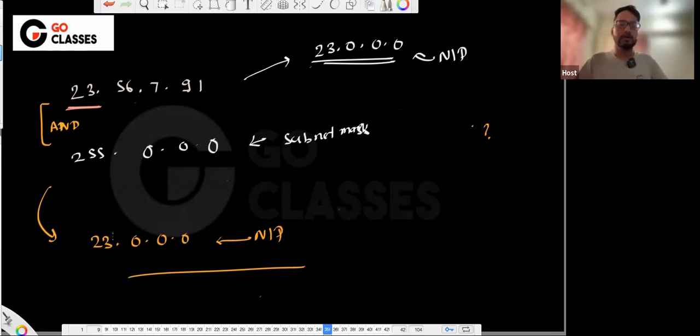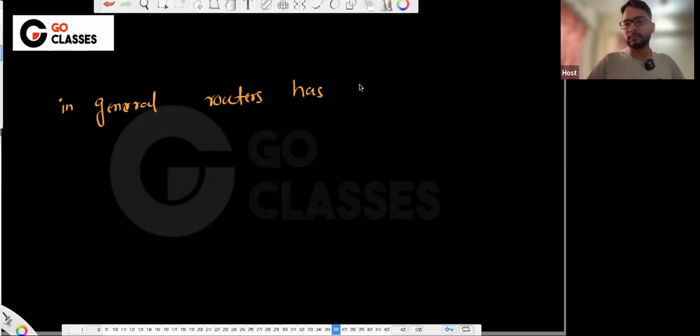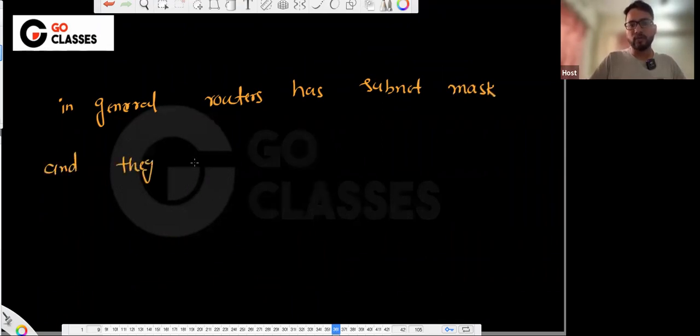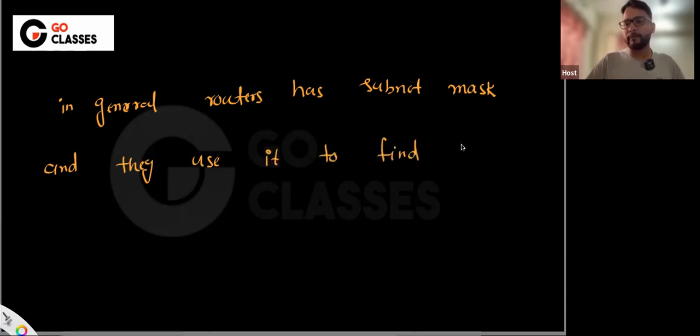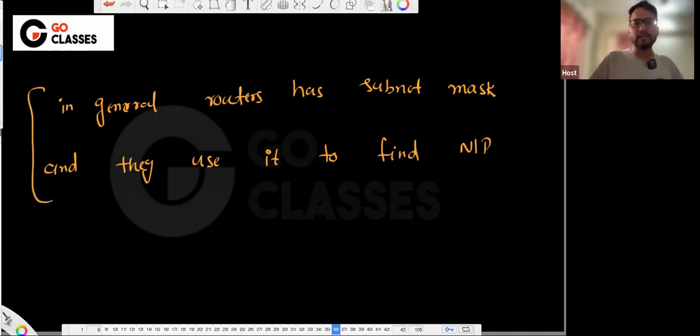Okay, so this is 23.0.0.0. That is the use of a subnet mask. I hope you are okay with how to use a subnet mask. In general, routers have a subnet mask and use it to find the network ID.